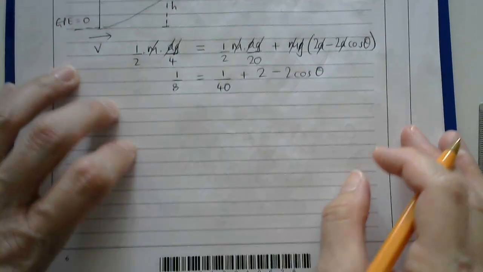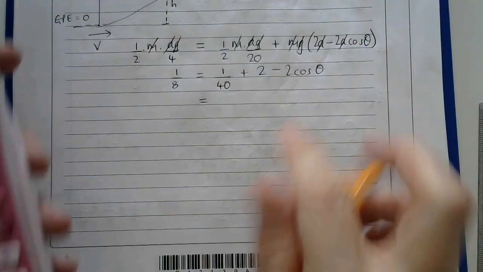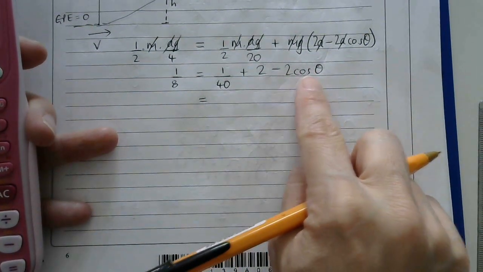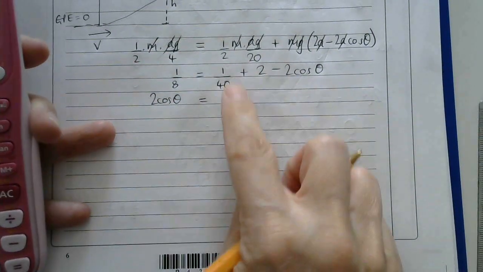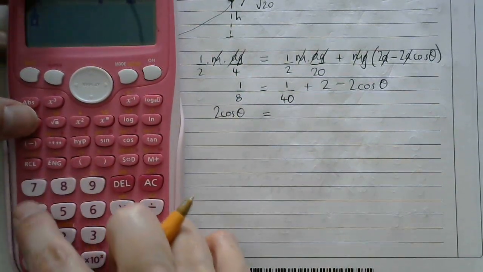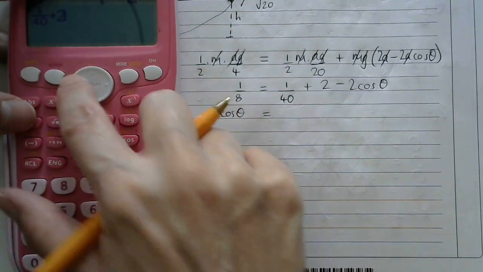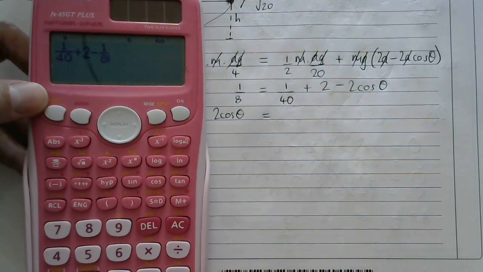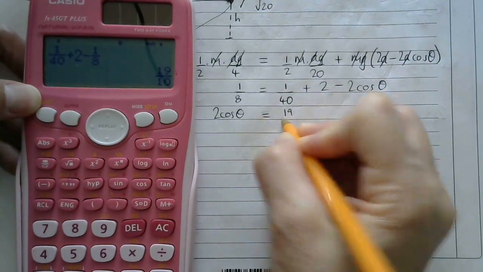So now to rearrange this to give me the value of cos theta, I'll pop this over here and this on the left-hand side. So on the left-hand side, I will have 2 cos theta, and on the right-hand side, I will have 1/40th plus 2 minus 1/8. And popping all of that in my calculator, I get 19 over 10.